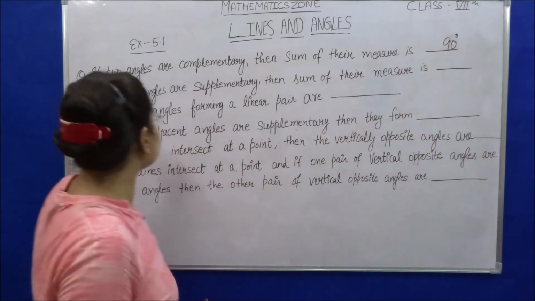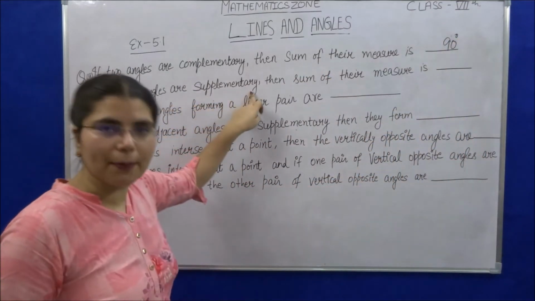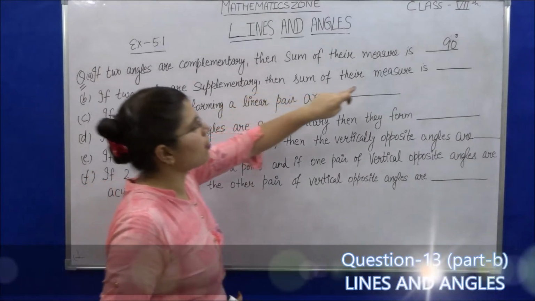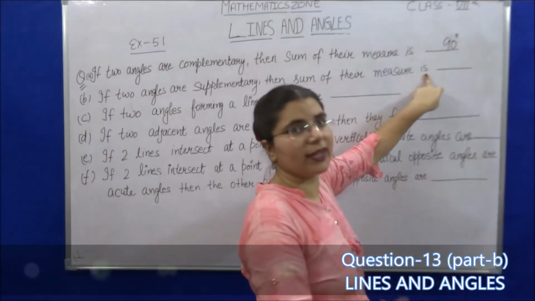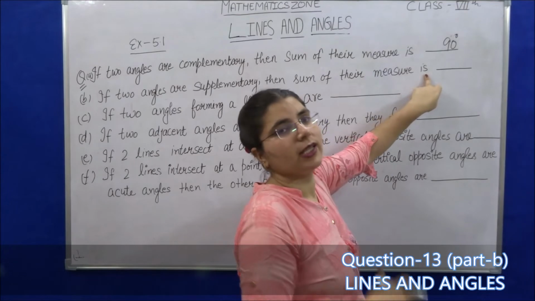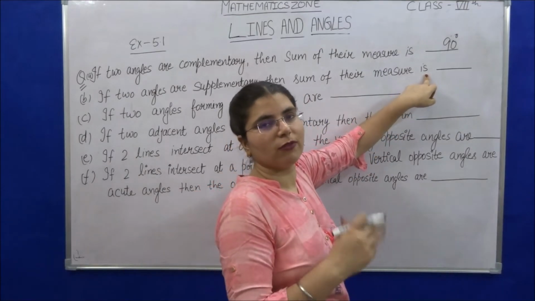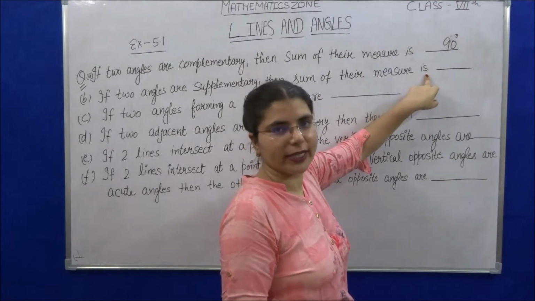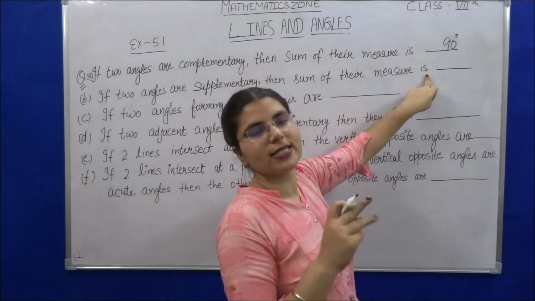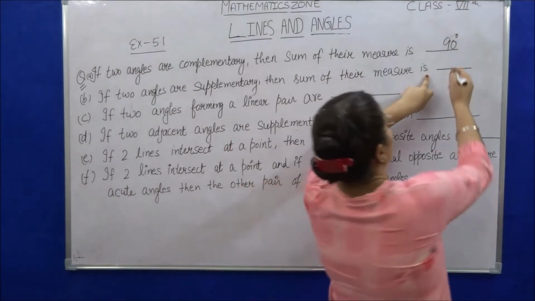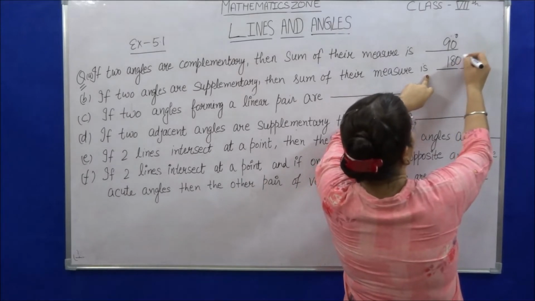Now next, if two angles are supplementary, then the sum of their measures, by the definition of supplementary angles, is equal to 180 degrees. So here the sum will be equal to 180 degrees.